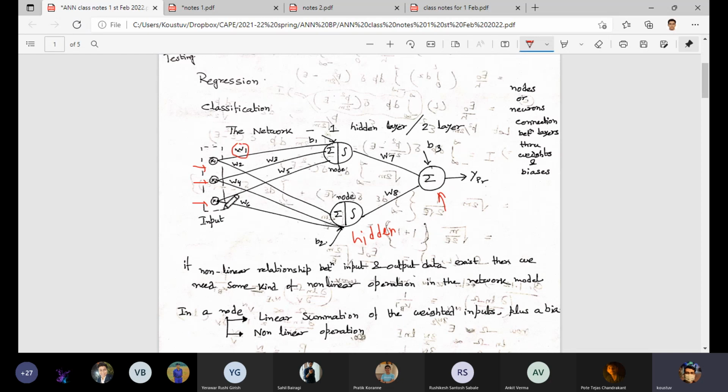These weights are carrying the information from this to this, and then each node in the hidden layer tries to do two kinds of process. Mainly it does one linear operation and one non-linear operation. This summation sign is doing the linear operation, and then the integration is doing the non-linear one.